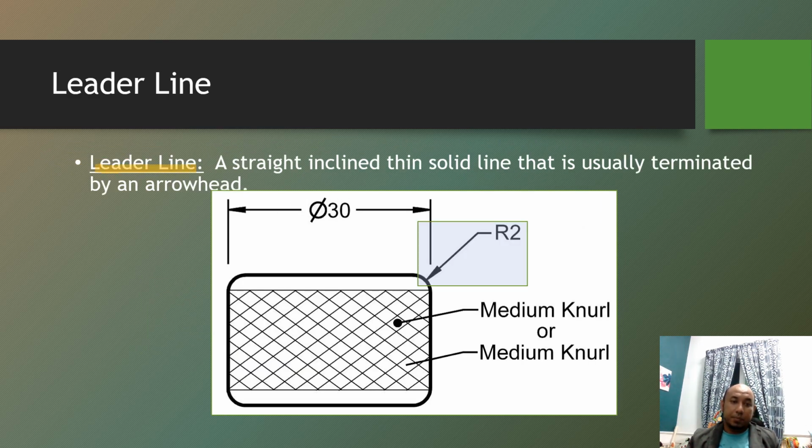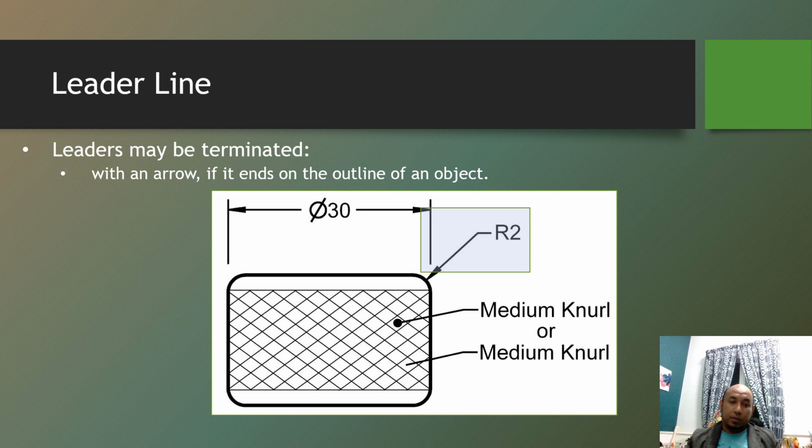Leader line. A straight inclined line, thin and solid, usually terminated by an arrow. For example, this one. The leader may be terminated with an arrow if it ends on the outline of the object. Seperti yang saya cakap tadi. Yang menunjukkan this one, dia punya radius dia 2.